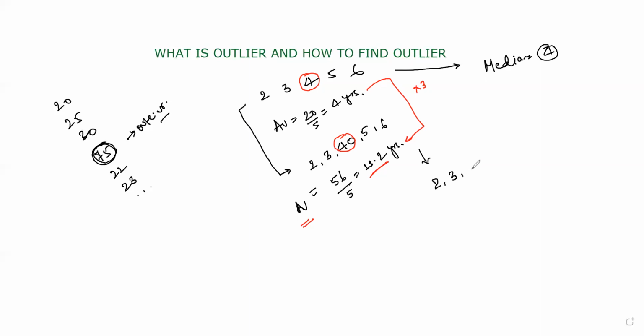So that will be 2, 3, 5, 6, and 40. So the median will be 5 here. This is your median, correct? So now, at least if you take the median, the value has changed very slightly. And that's why when you have outliers in the data, we prefer using the median over the mean or average, right?